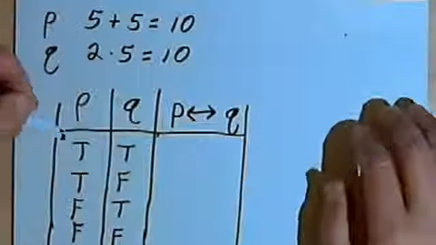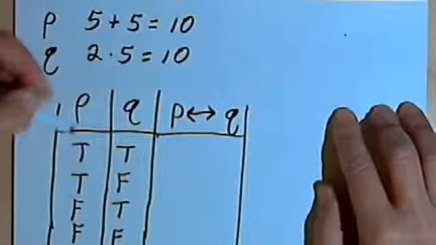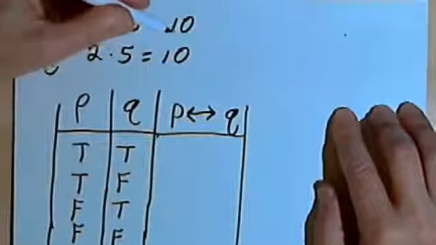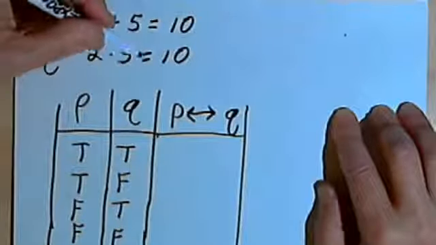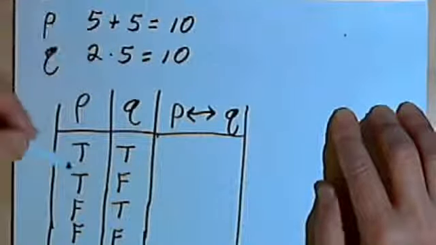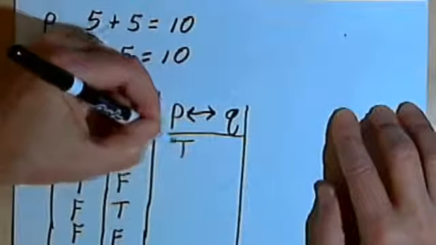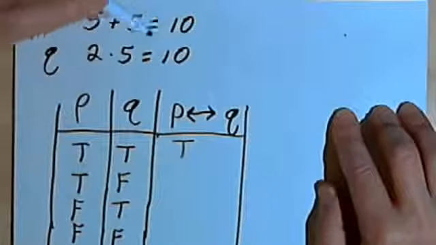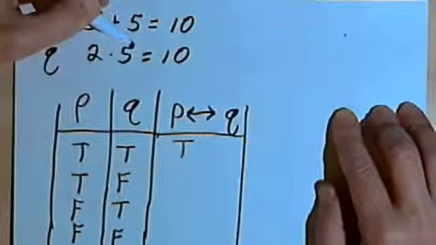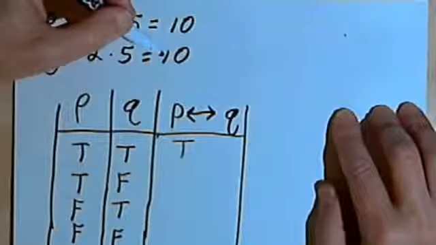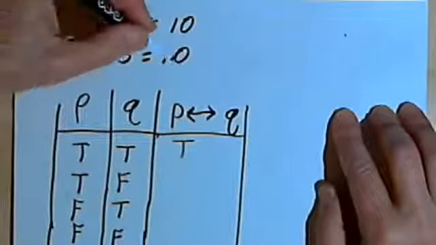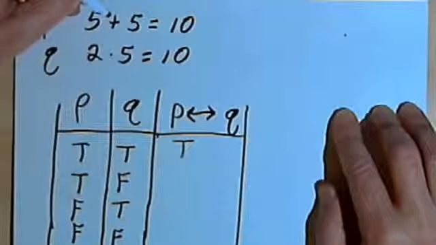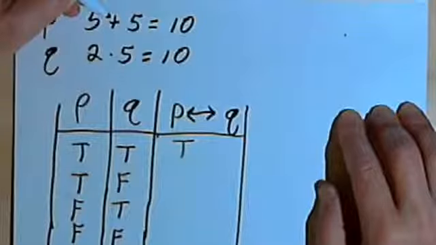Well, if it's true that 5 plus 5 equals 10, and it's true that 2 times 5 equals 10, then we're going to have a true statement. If I know that 5 plus 5 equals 10, I can expect that 2 times 5 will equal 10. And similarly, if I know that 2 times 5 equals 10, I can expect that 5 plus 5 will equal 10.